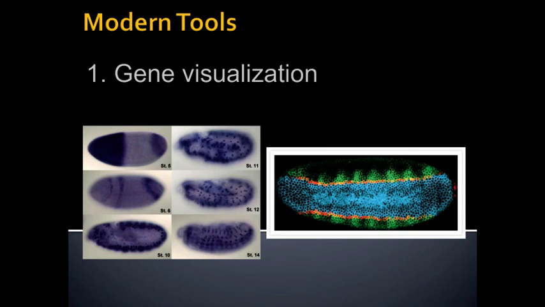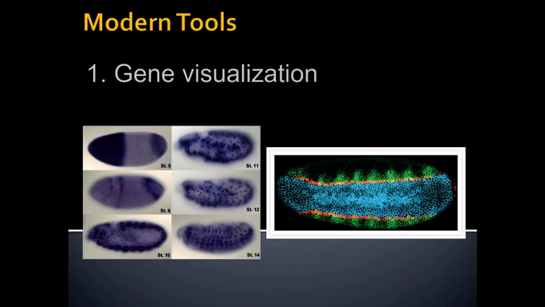And what we would see is that we have a different profile coming on in the head than we do in the middle part of the body. Or at a later stage, we might see something like nerve cells expressing this gene where the rest of the cells are not. So gene expression visualization is critical.